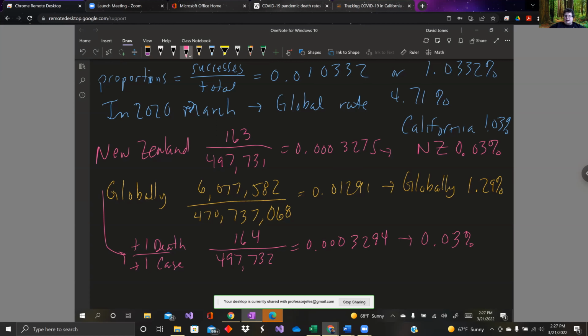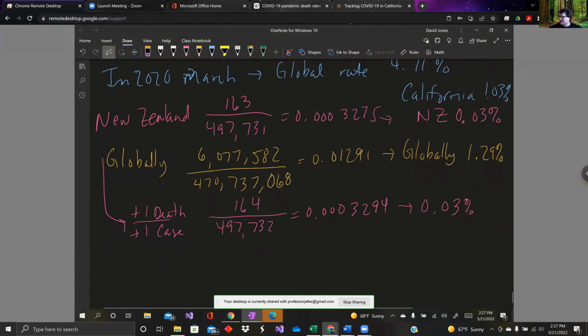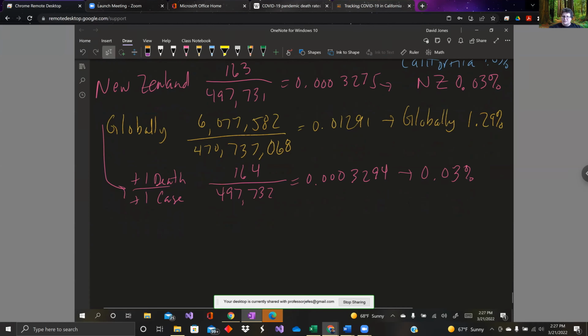So is any of these right? Well, globally is probably the closest thing we've got. That's got the most data, the most results, including everybody. So it eliminates factors like precautions California took and New Zealand took that other places did not take. New Zealand took a lot of precautions. Everybody had to stay home. Lots of stuff going on over there. But look how few lives they've lost. They've lost 163 people since the pandemic started.